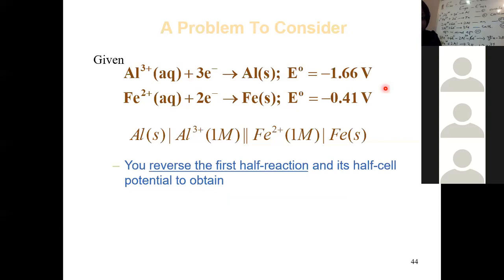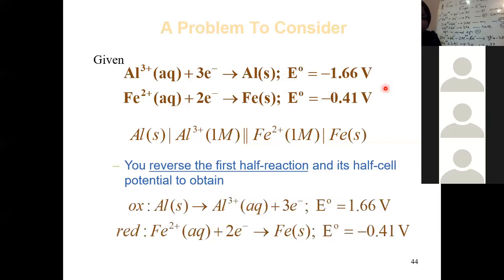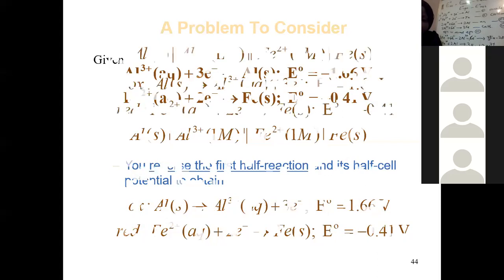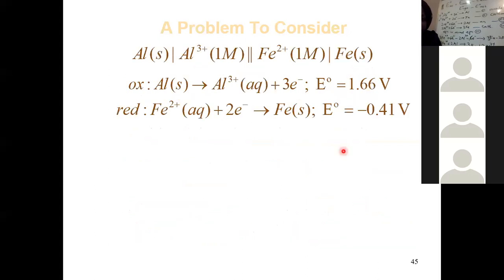All right, so here, your minus 1.66 has changed to plus 1.66 because this has been written as an oxidation reaction. And therefore, at the final stage, you are going to add the two together, reduction plus oxidation.